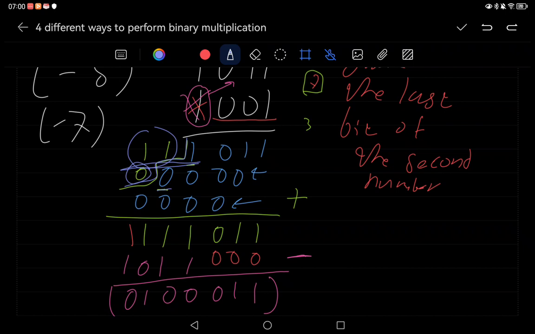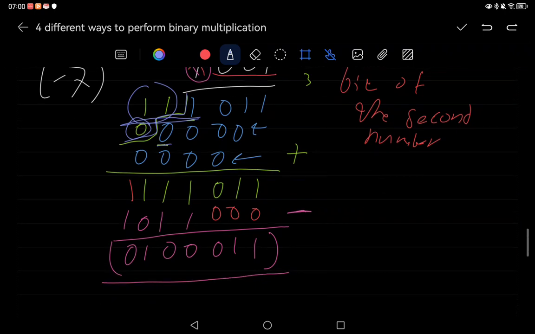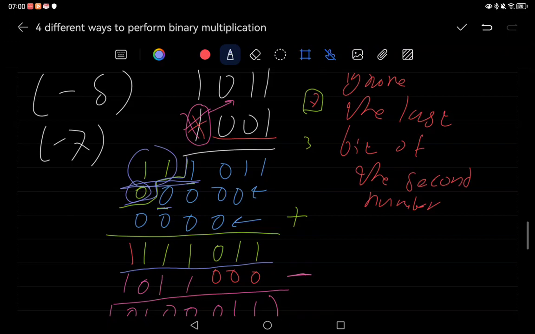I performed an addition here, and after I performed the addition, we got a 6-bit number, but we need a 7-bit. Why? Because we started with 3 bits and we multiplied it with 4.